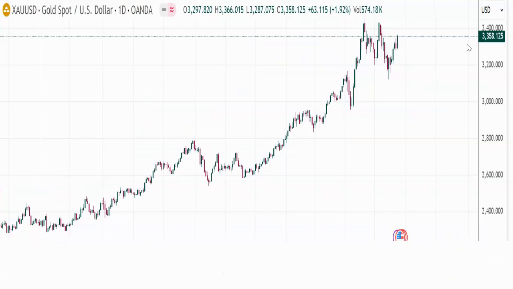Gold. Okay, for this asset, I'm expecting that there's no more room for the price to go upwards from this point. It may go a little bit to the previous high.